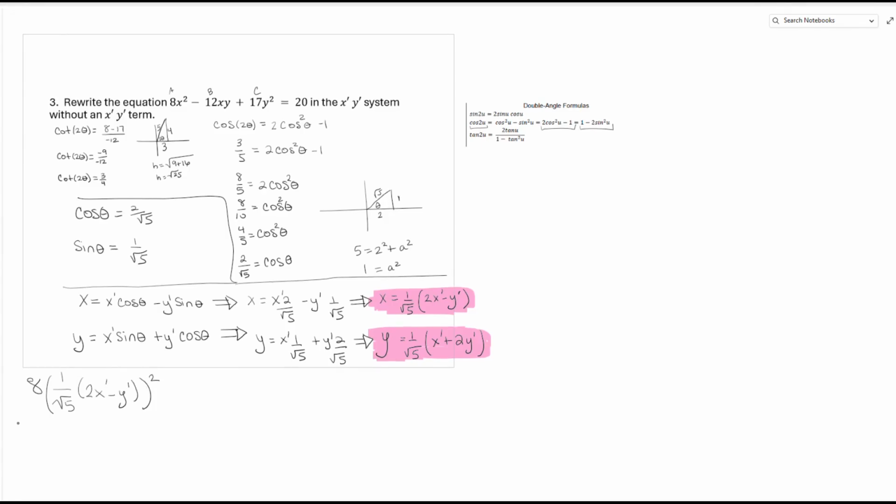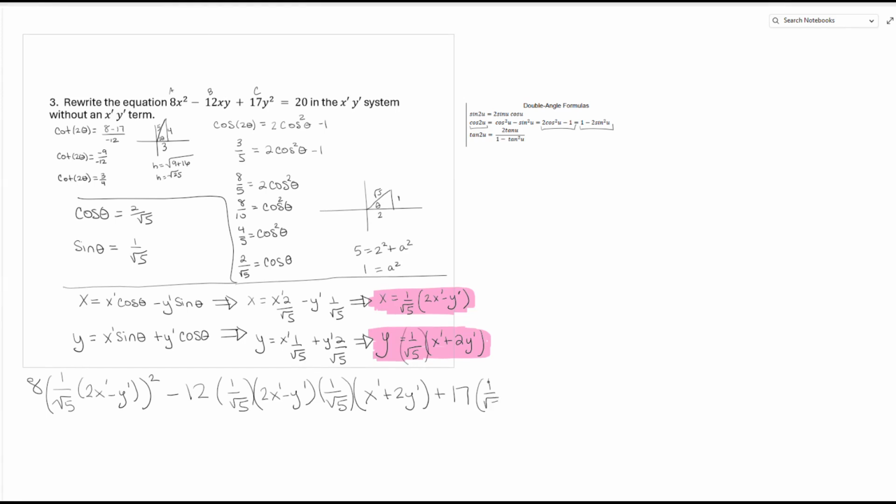So 8x squared minus 12x y plus 17 y squared. Now, since this is two pieces, I can square each piece, okay?